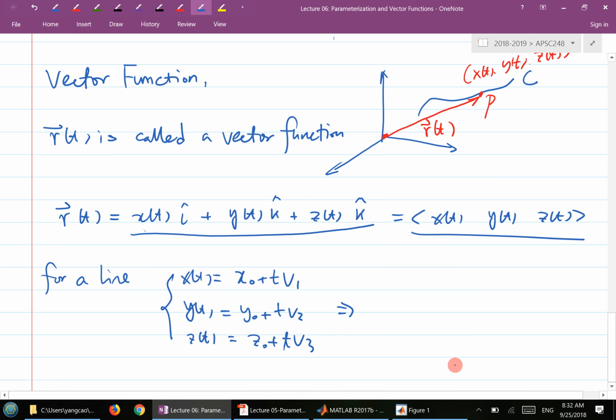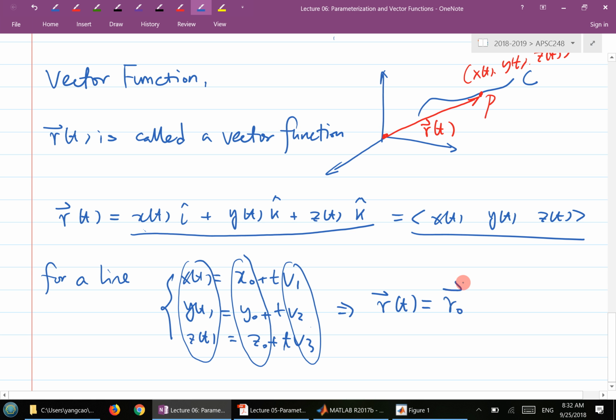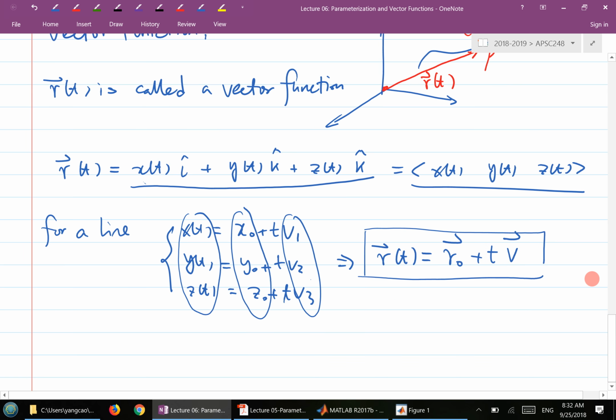This side here is our r of t, and this one here is a constant position vector. Here is a coefficient t, and here is the parallel vector. Altogether, I can write r of t equal to a constant position vector plus the coefficient times the parallel vector. So you can see the three equations can be very neatly written as one single expression. Now this is a vector function.